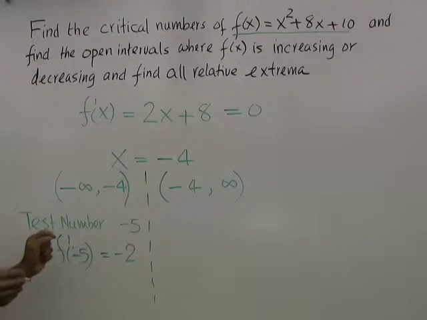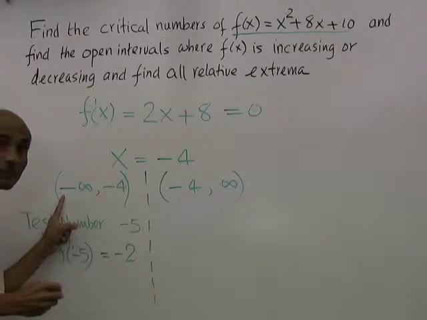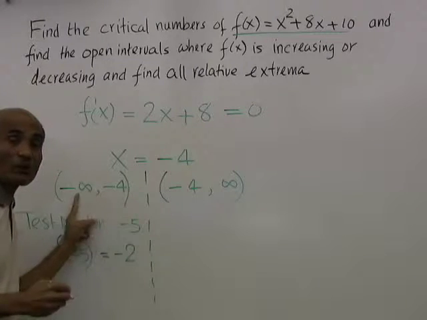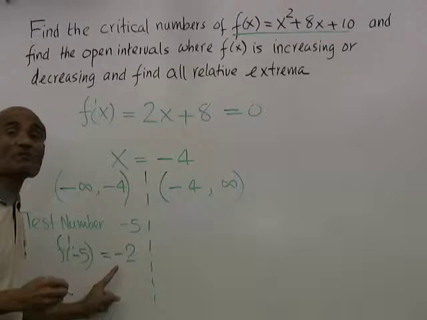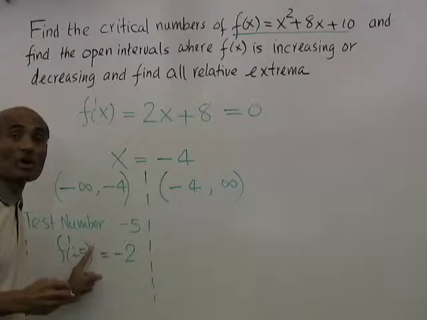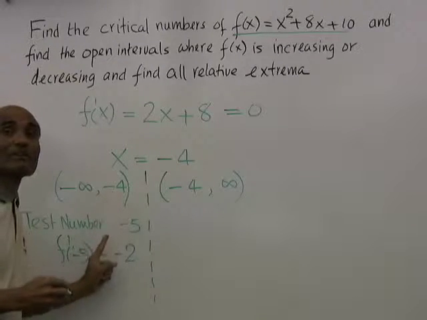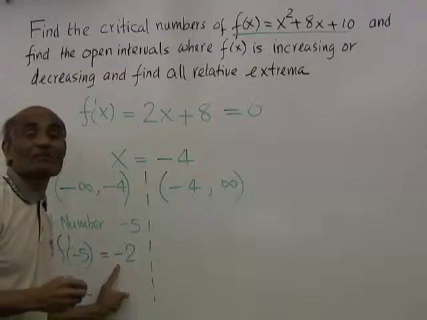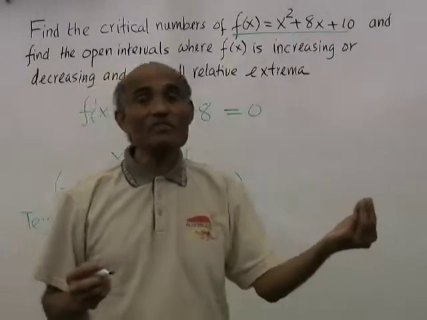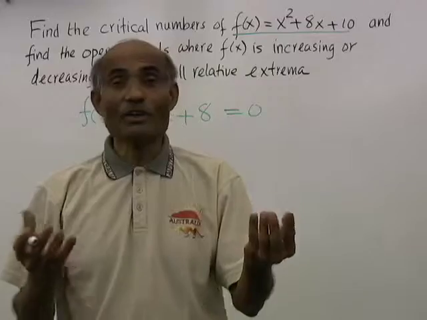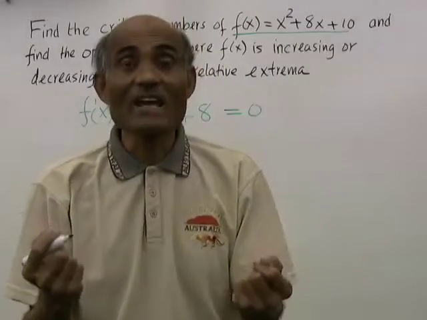What it tells you is that throughout this interval, the first derivative will be negative, because you put any number on this interval, you will get a negative answer. So on -infinity to -4, the first derivative is negative.